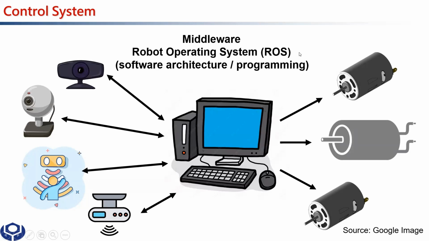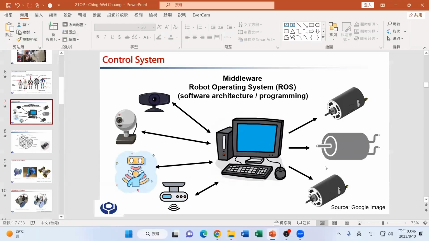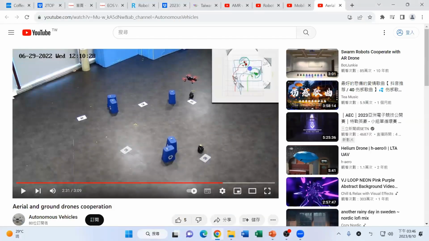I used Mobile C in my previous stay in the US. Well, it's a very old software architecture, but now most people use ROS, Robot Operating System. So inside the video, here on the top right corner, this is the result when we run the ROS. We can explore the map and locate the obstacles and the target points with ROS.